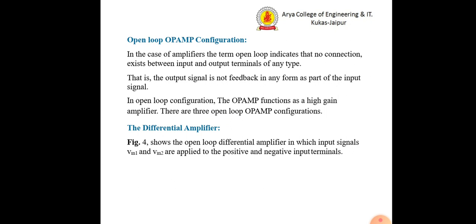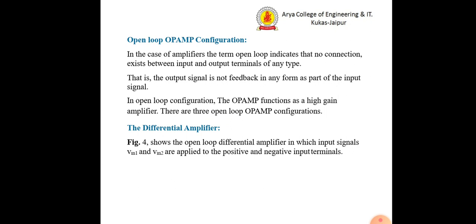Now we will talk about some open loop op-amp configurations. First of all, what do we mean by open loop? The open loop indicates that no connection exists between the input and output terminal of the op-amp.